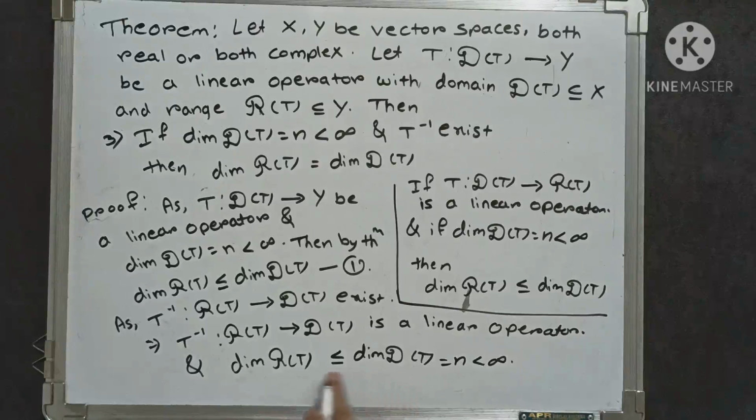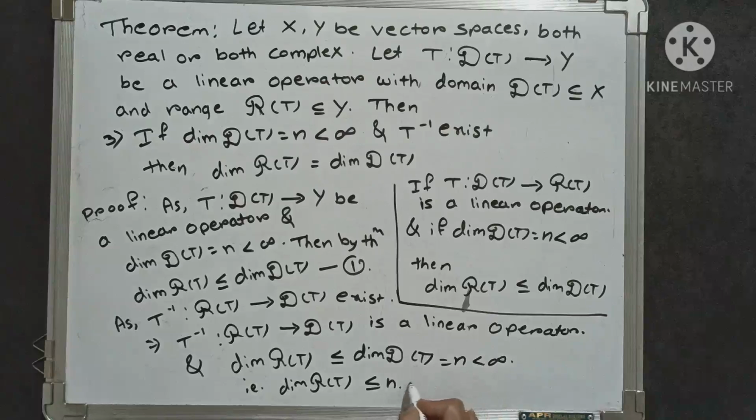That means the dimension of script R of T is less than or equal to n, and this is less than infinity.